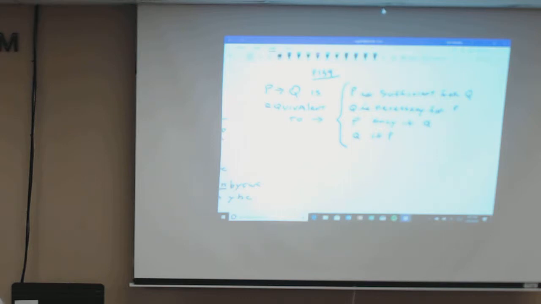If P then Q is equivalent to Q is necessary for P. So if it's raining, then I'll bring an umbrella to class. Bringing an umbrella to class is necessary for rain. My bringing an umbrella to class is necessary for it to be raining.